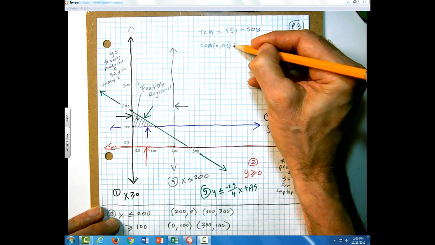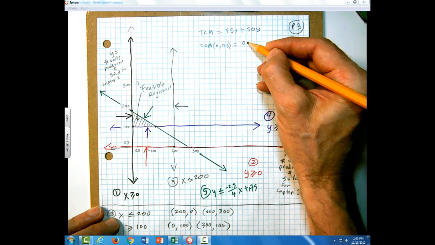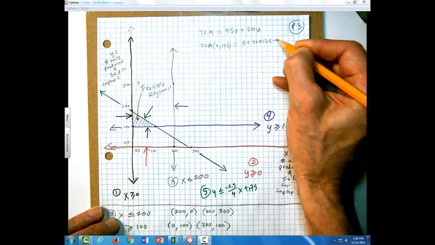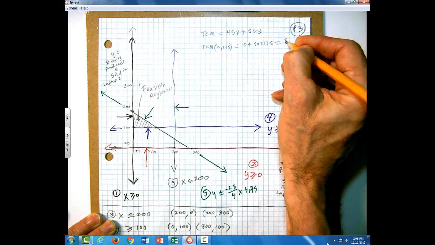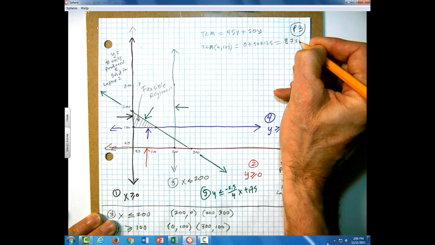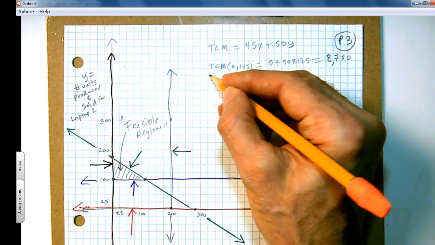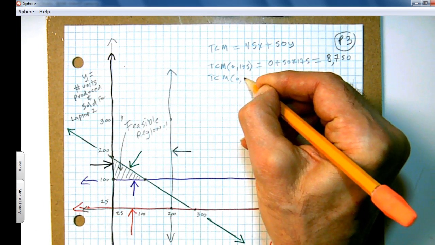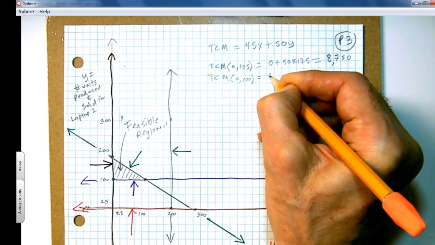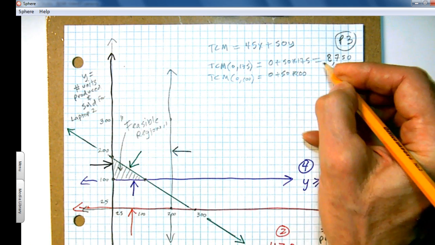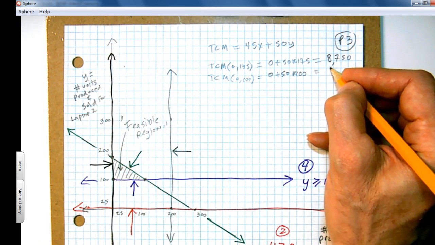So when we plug this in, we get 0 plus 50 times 175, and that will equal 8,750. Now it looks like we have 0, 100, so TCM 0, 100, and we already know this one's going to be less. So that will equal 5,000.